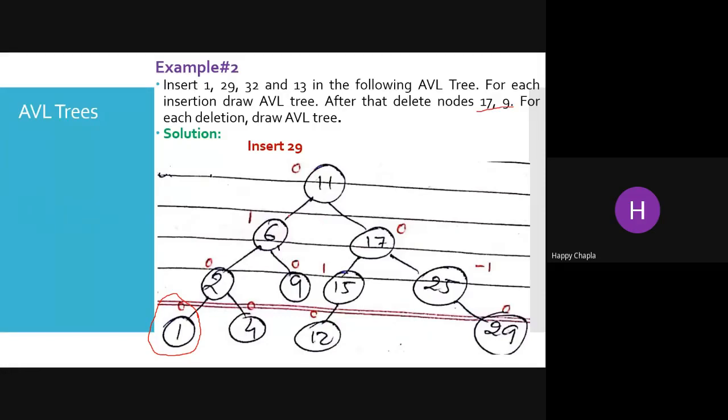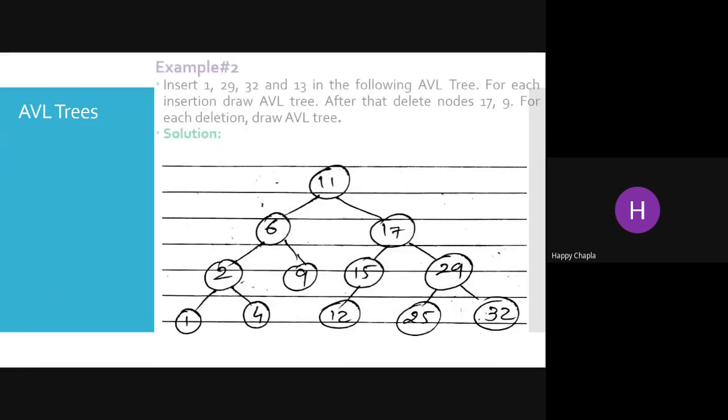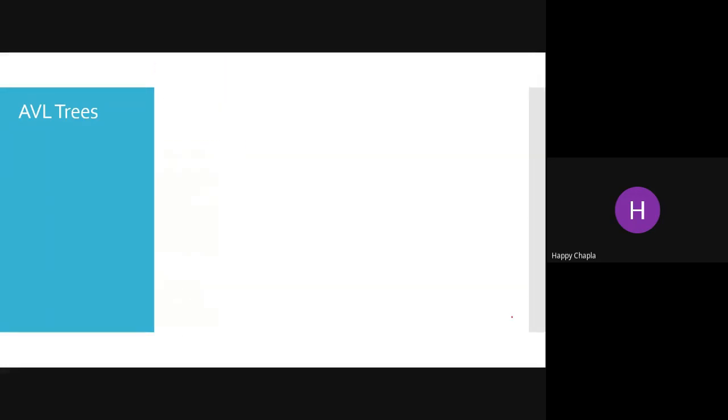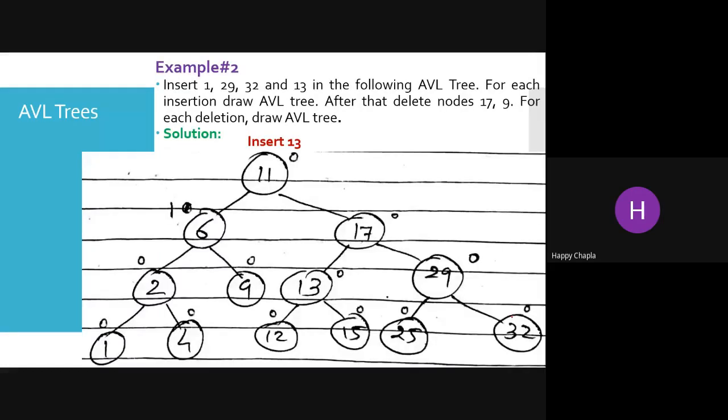Okay, so we just insert 1, then 29, then insert 32. So we are just inserting 32 over here. Then insert 13. Where we have to insert 13?